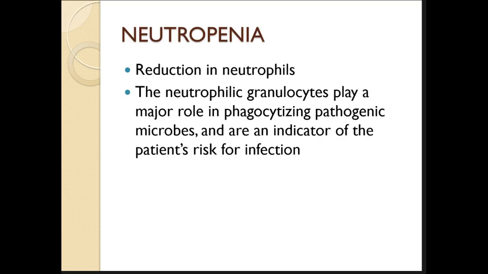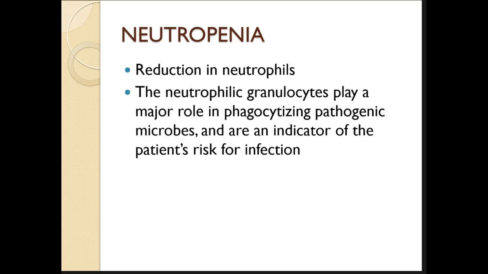We're now going to talk about neutropenia. This is an actual reduction in the neutrophils. And before we get to that part, please be aware that leukopenia actually refers to a decrease in the total white blood cell count, which includes your granulocytes, monocytes, and lymphocytes.